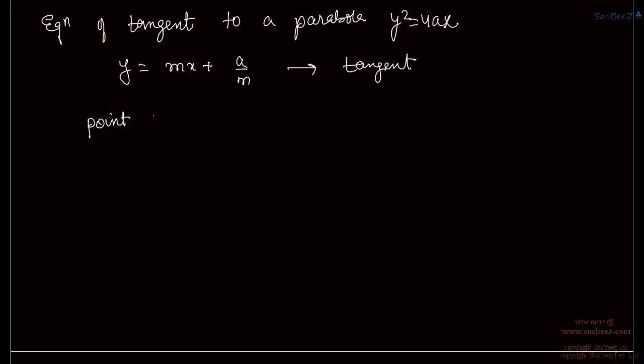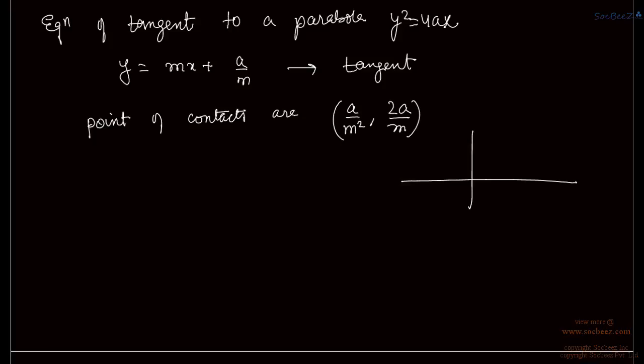Where the point of contact is (a by m square, 2a by m), right? So if we write in terms of parameter t, say suppose this is a point P, (at square, 2at) for some t, and at point P we have a tangent.